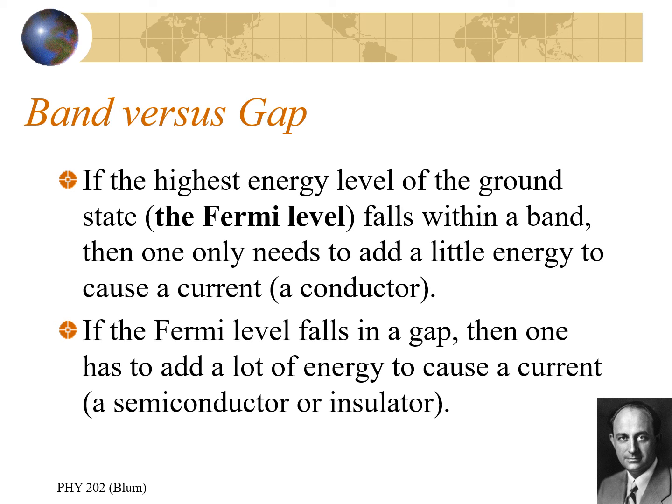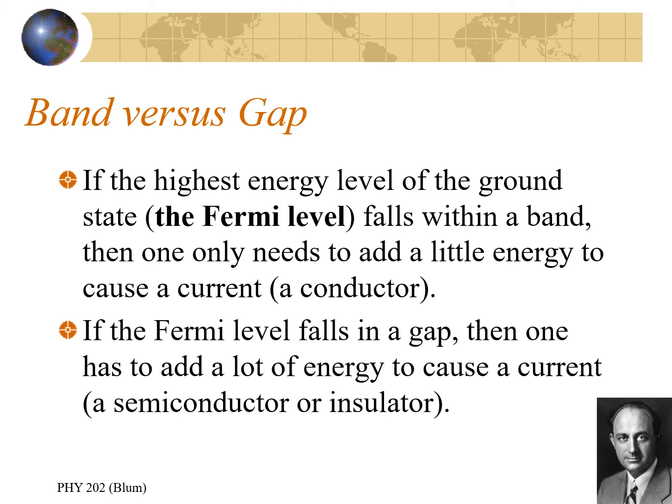So if we are at our highest level, the highest level is known as the Fermi level. If our highest level of the ground state, the Fermi level, is within the band, then there's this quasi-continuous set of energy levels nearby, and so we can easily get to other close-by levels and get this sort of net current going in one direction. We're a good conductor.